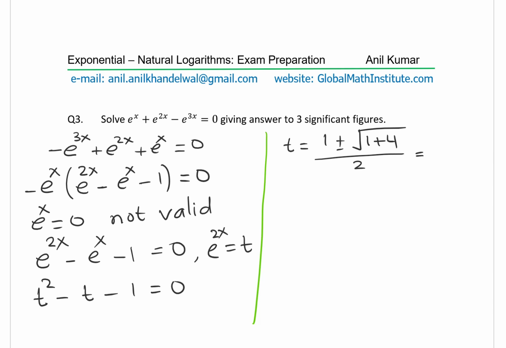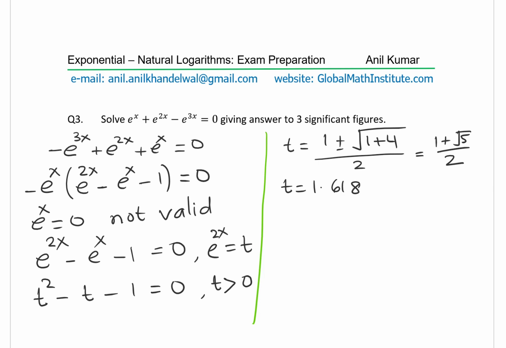So what we get here is, we also know that t should be greater than 0, right? So we'll take the positive value, which is 1 plus square root of 5 over 2. So that becomes the value of t, which is, let's calculate this answer, 1 plus square root of 5 divided by 2 is equal to, in decimals, 1.618.